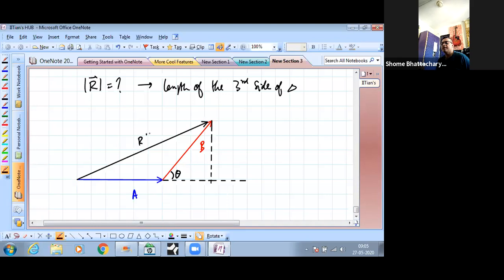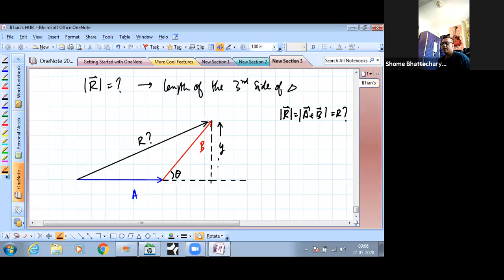And this side is magnitude of the resultant, which I have to find out. Okay? Okay. So how to find this now?